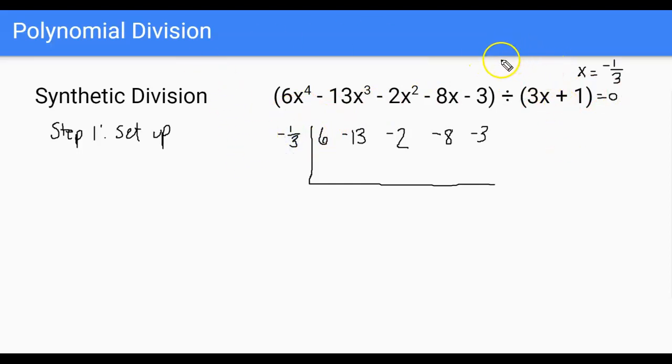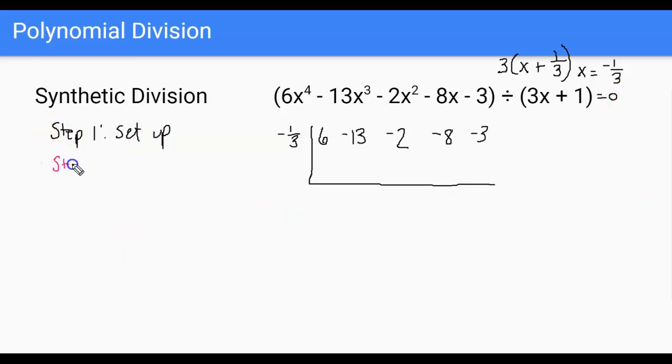What we've really done is we've factored the 3 out, and we have 3 times x plus 1/3, because synthetic division really can only divide if this has a coefficient of 1. So we have factored out the 3 and figured out what that is. Now we can go on to the rest of our steps.